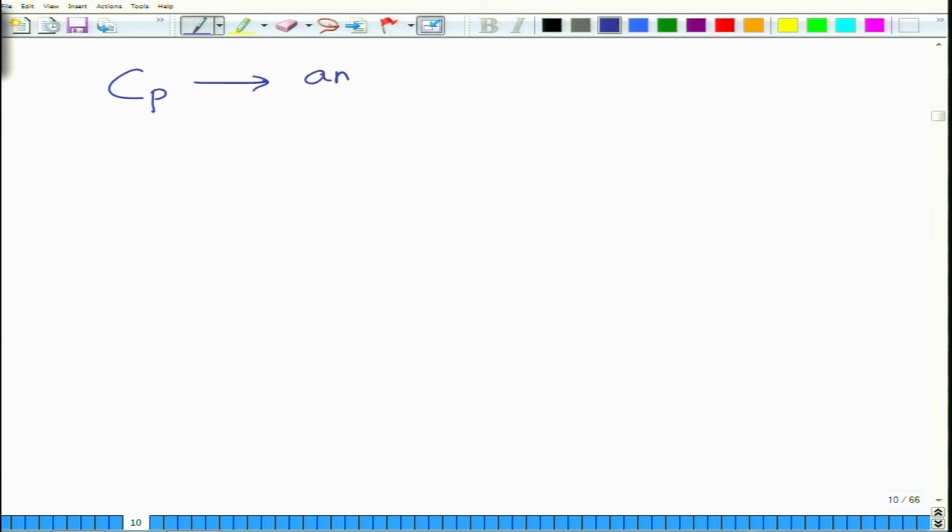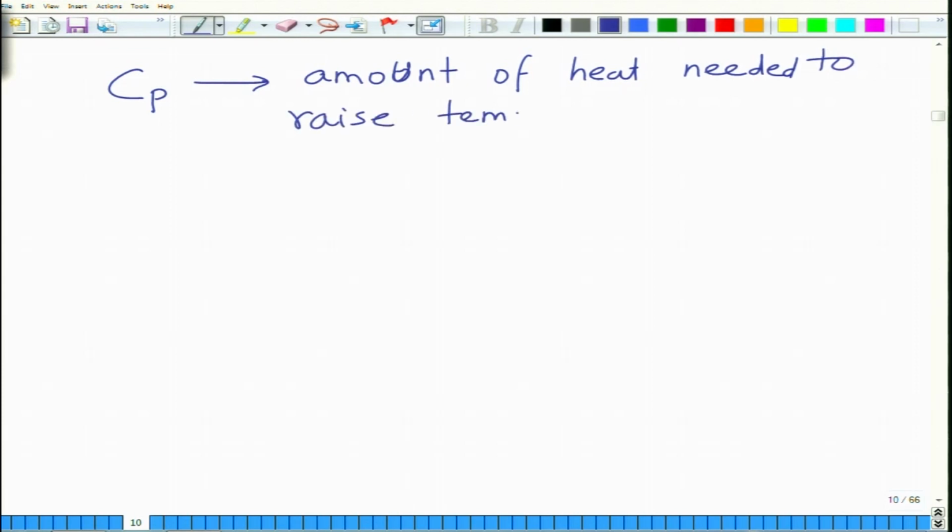So, amount of heat needed to raise temperature by 1 Kelvin of unit mass of a substance or material.